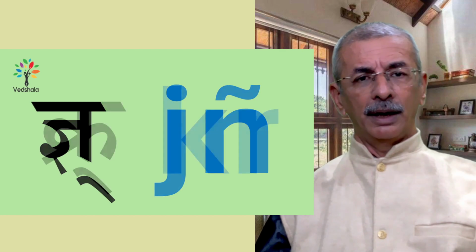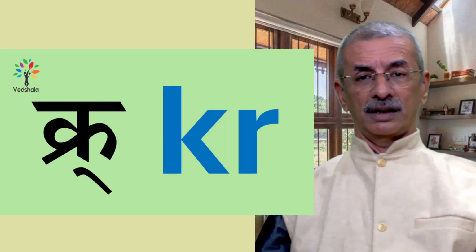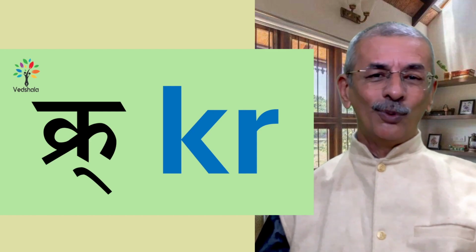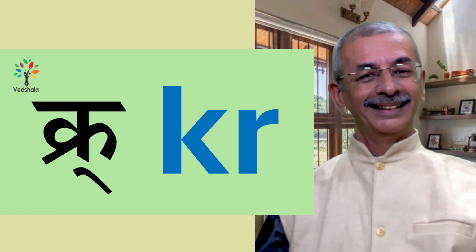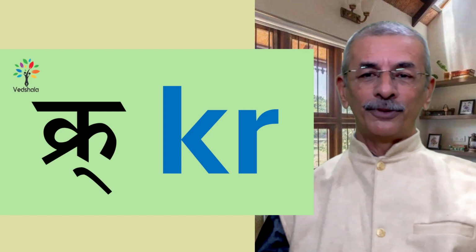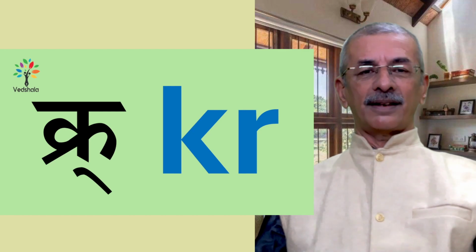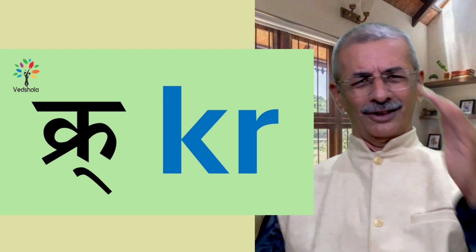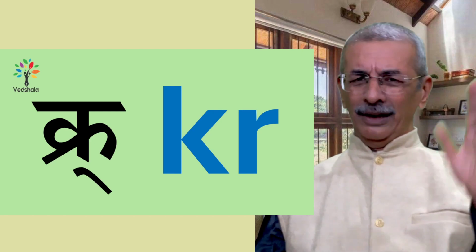Going ahead, again is Kra. Interesting. Now, what exactly is Kra? If you observe, it is written in Devanagari as Ka with a slanted line.